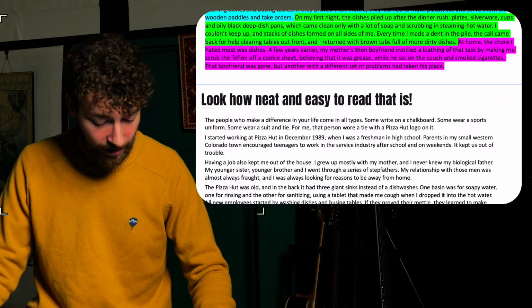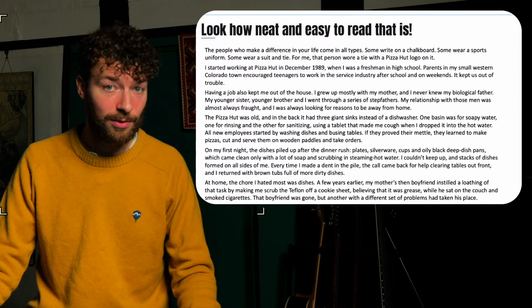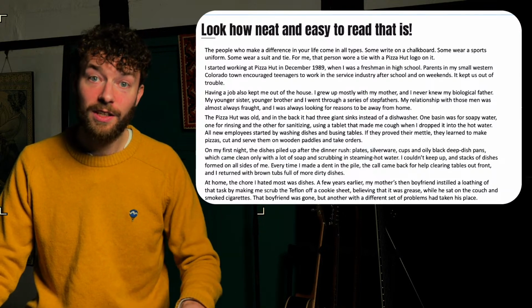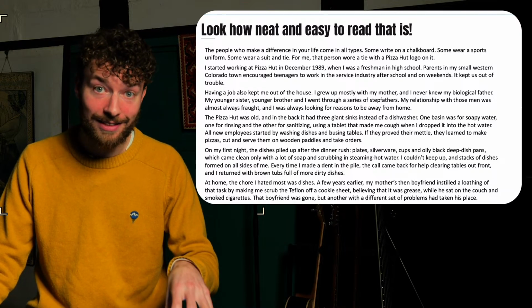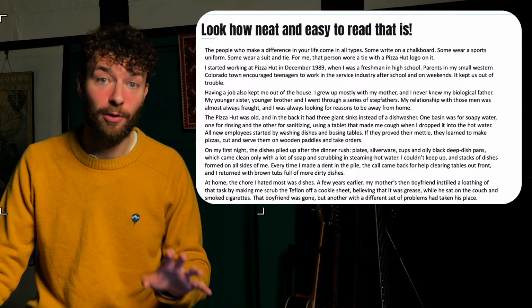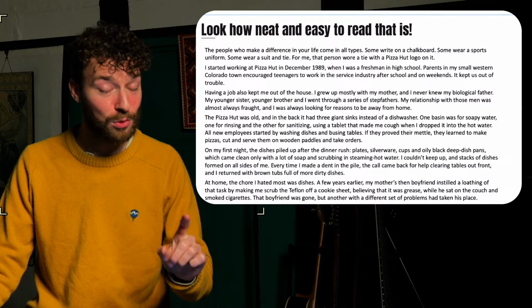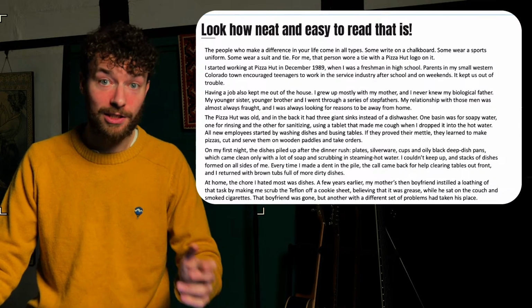But here, with our paragraphs, it's nice and easy to read and we don't need lots of bright colours to confuse us. So this is what we want to be looking at. Your essay should look something like this, divided up into nice, easy to read paragraphs. So that's a big thing I want you to take away from today, the importance of paragraphs. They make my life easier and they will make your life easier as well as you're writing.